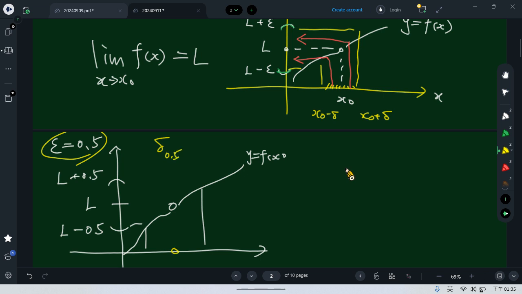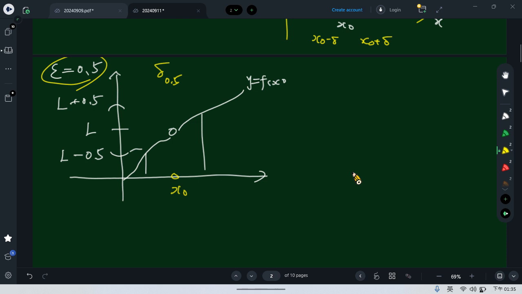Then using S0 as a center point, with the range from S0 minus delta 0.5 to S0 plus delta 0.5, all points here, when you use them as the input for the function, you can see they will fall into this subinterval. So when epsilon is 0.5, you can find the delta.